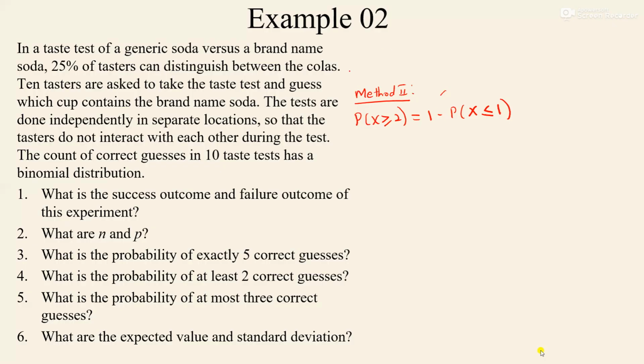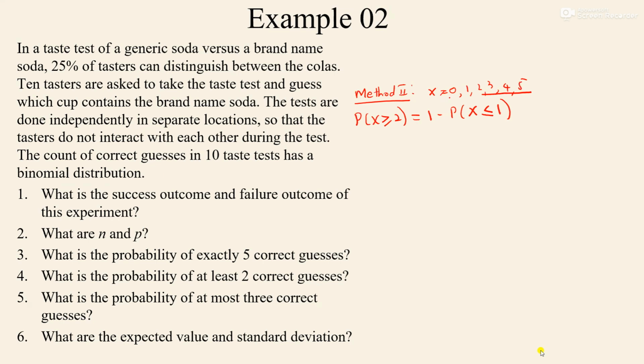So because here x takes the values 0, 1, 2, 3, 4, 5. We have to calculate the probability for these 4 values. That is x greater than or equal to 2.